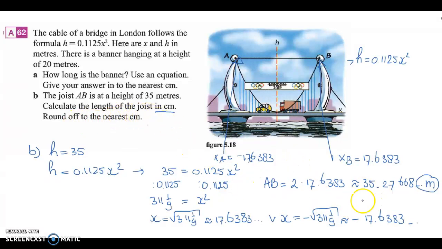So that's what we're going to do. In centimeters, it will be 100 times as big. So that will be 3,527, but over here we have a 6 and we have to round to centimeters, so it will be 3,528 centimeters, the length of AB.